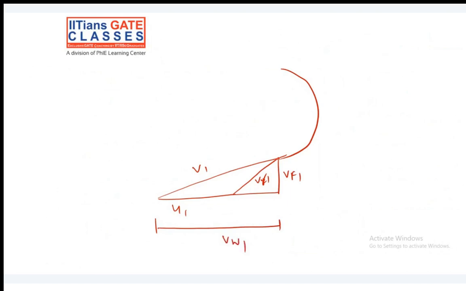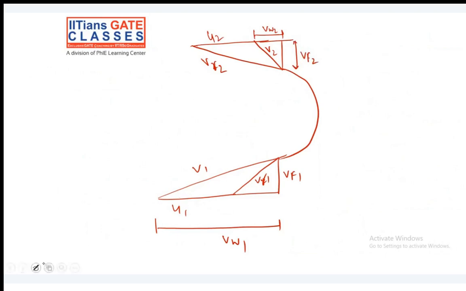Similarly at the exit we have Vr2, then U2, and the resultant of this is V2, and then we have Vw2 and Vf2. Okay, so this is the velocity triangle we have already seen.